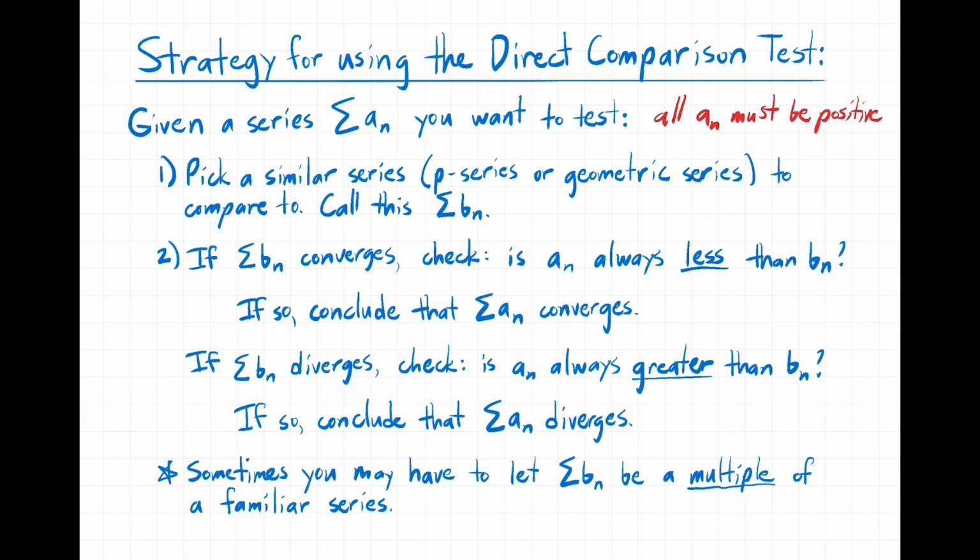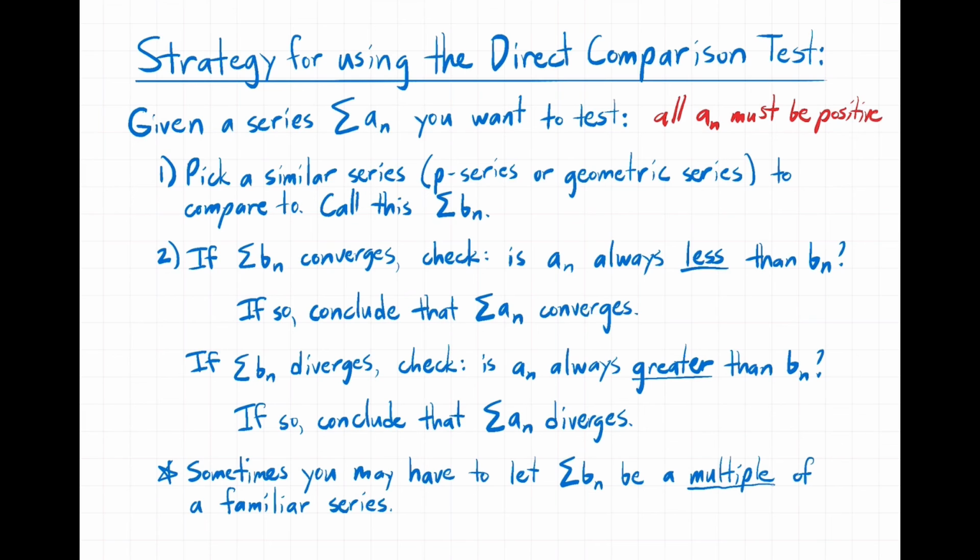More often what you'll do is you'll want to manipulate the expression for an and see if you can find a simpler expression and determine whether your an is greater than that expression or less than that expression. And eventually you will get a new expression bn, which gives you a series that you are familiar with, whether it converges or diverges. So then you'll just check.